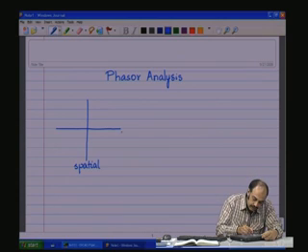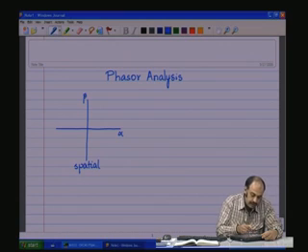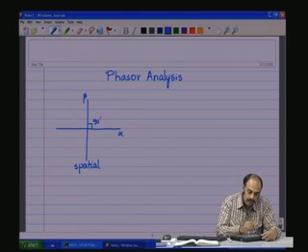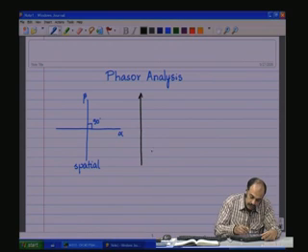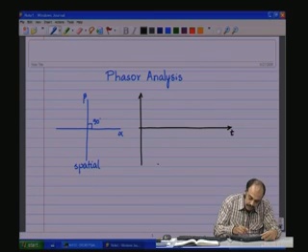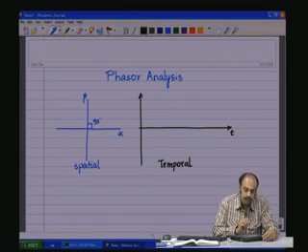We will call this the alpha axis and the beta axis. The alpha and the beta axis are always orthogonal, which means 90 degrees. And then we have, of course, the temporal coordinate system, which is with respect to time.